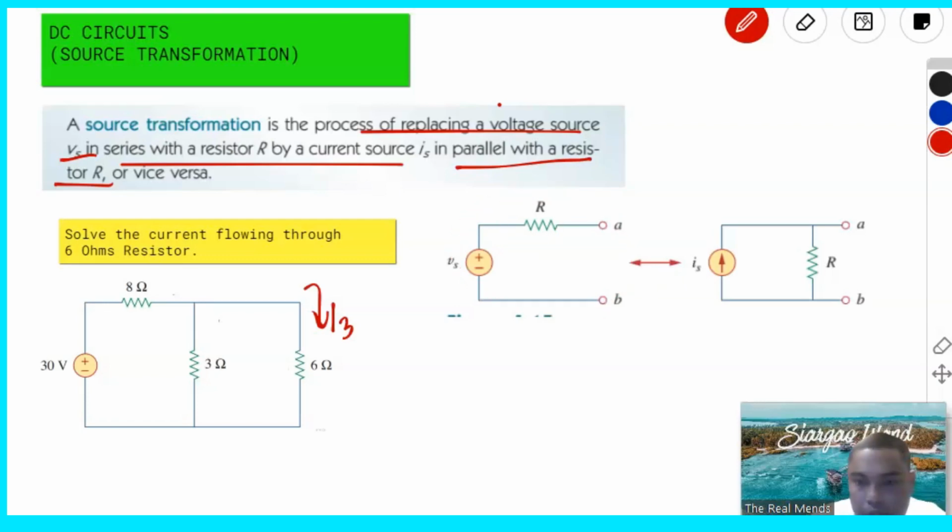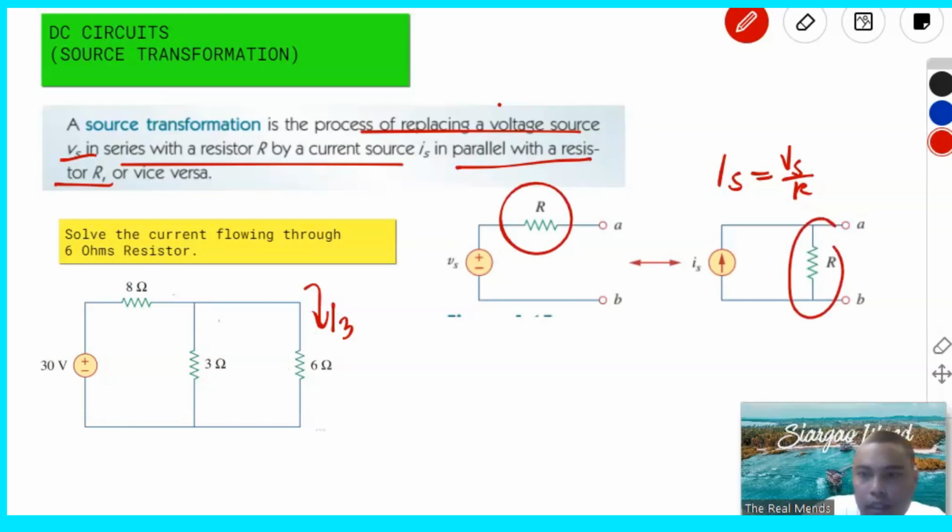If we need to transform this, kung gawin nating source transform, itong Vs is transformed to current source, that is Is, wherein this Is is just Vs over the R. Okay, you can write the equation that Is is just Vs over R, and then itong series na resistor is i-connect mo naka-parallel. Okay, so let's solve this circuit using source transformation.